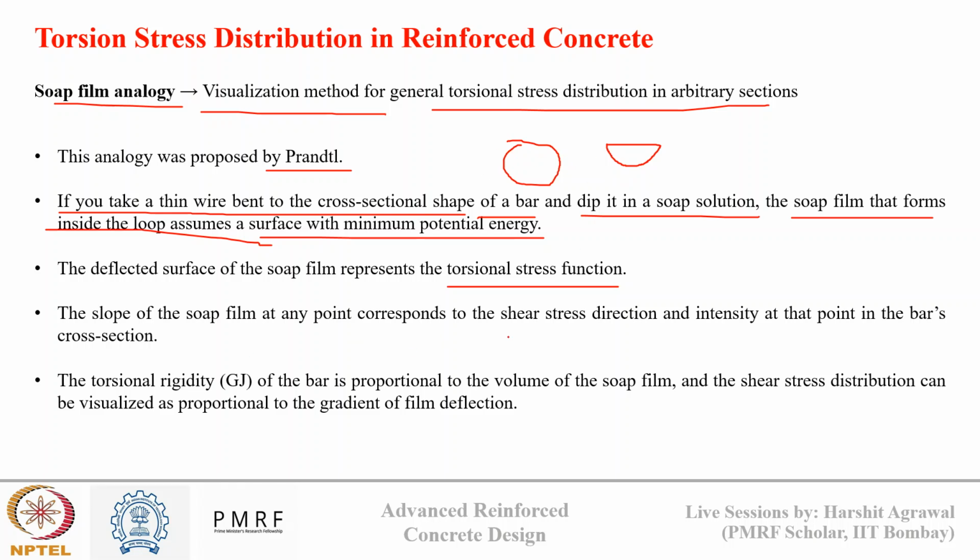The slope at any point corresponds to the shear stress direction and intensity at that point, and the torsional rigidity is proportional to the volume of the surface. So at any point if I draw the tangent, it gives me the intensity of shear stress, and the total rigidity of this section is denoted by the volume enclosed by this soap film. So this is known as the soap film analogy.